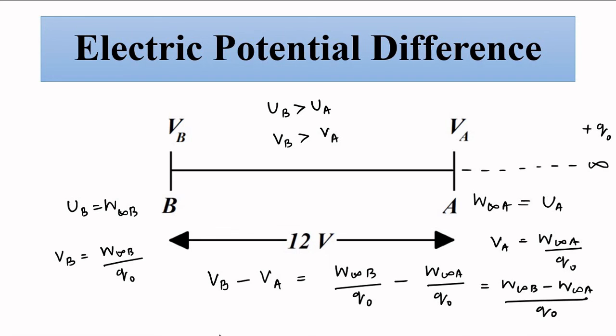Or we can say it is the work done in moving the test charge from A to B against the electrostatic force. So the potential difference between any 2 points, let's say between points B and A, is VB minus VA.